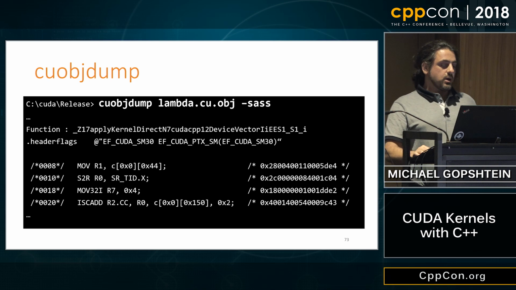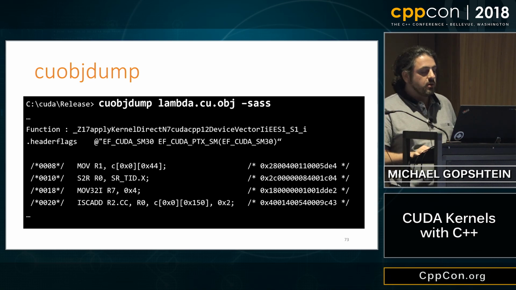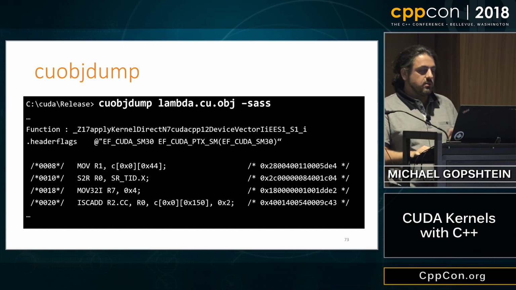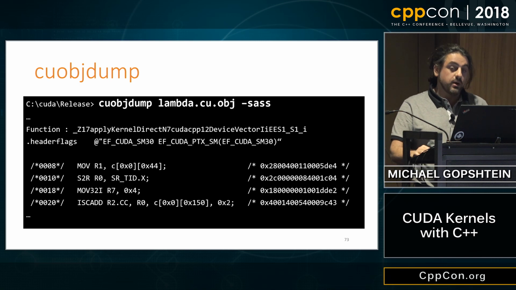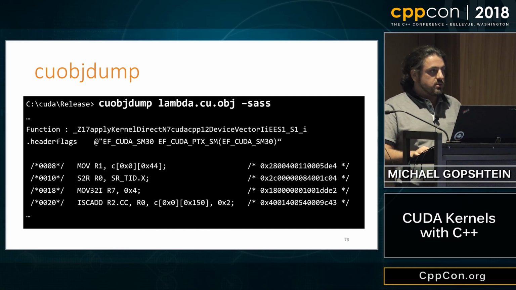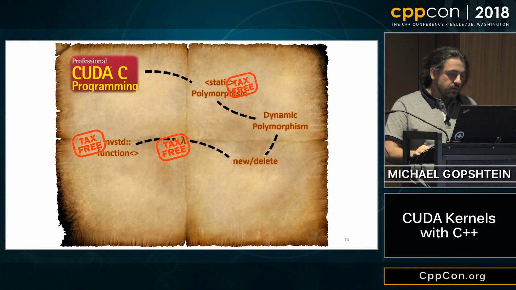And another tool which comes as part of the CUDA package is cuobjdump. In this case, it works on an object file, and you should use a special flag, SASS, which means that you want to see the binary code. And again, you can compare different versions of the functions, a C version and a C++ version, and make sure that basically the binary is exactly the same.